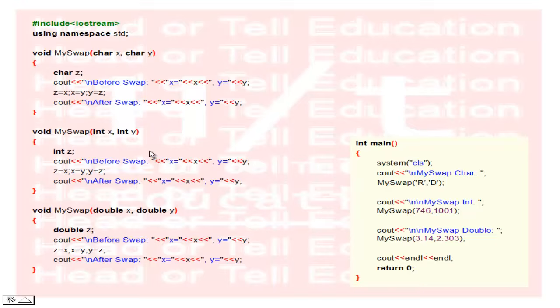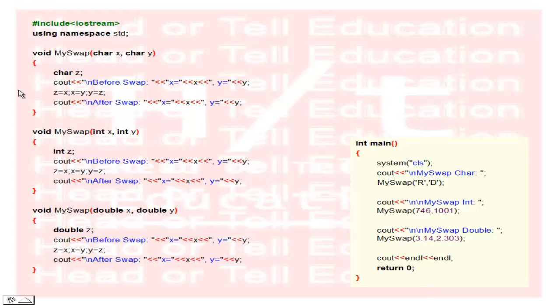In the int main function, there is no need to remember function names because we have only one function name, my swap. Passing three types of parameters, the compiler decides which function is called. Let's start the main. First time I am passing my swap with r and d.